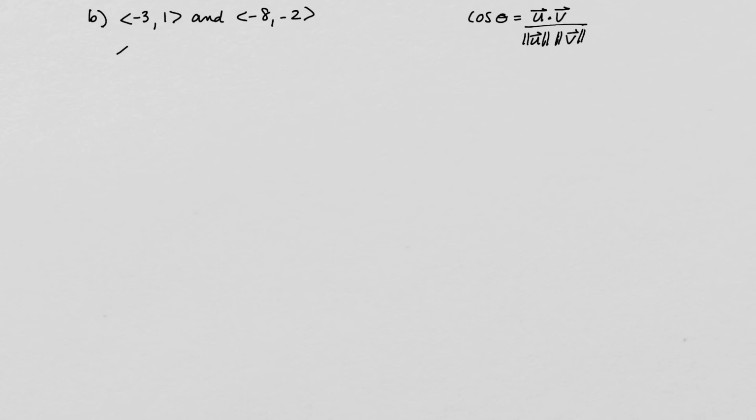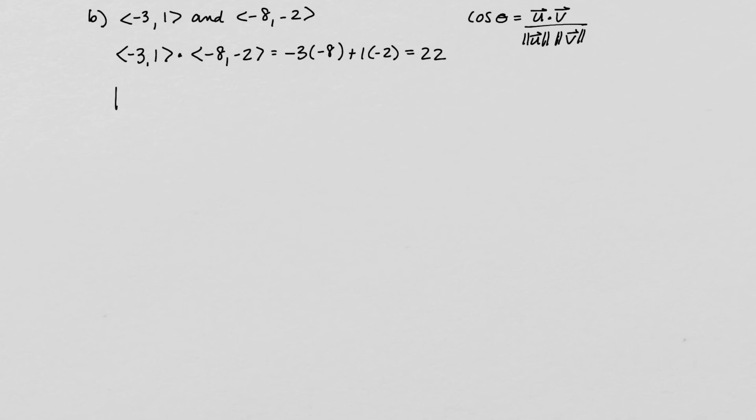Okay, so if I dot these two, -3, 1 dotted with -8, -2, that's going to be -3 times -8 plus 1 times -2, which ends up being 22.